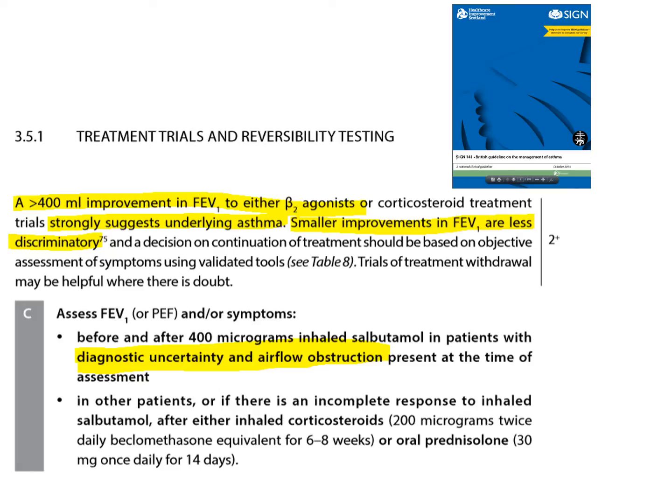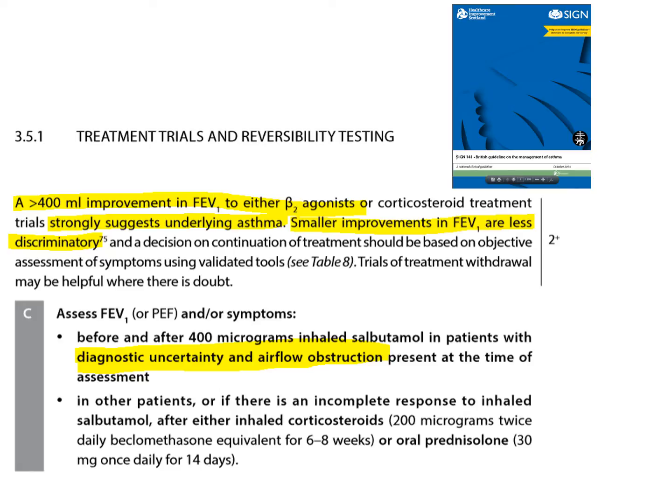Here they use greater than 400 milliliters improvement in FEV1 as being a meaningful change in FEV1. But it's not just the beta agonist response, it could also be a response to an inhaled corticosteroid trial, which means doing spirometry much further apart, at least a couple of weeks.